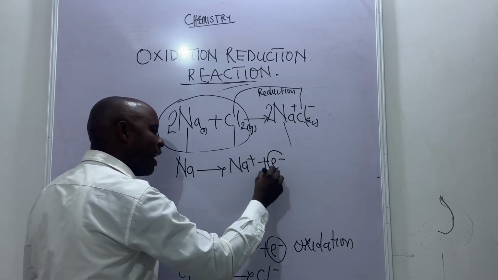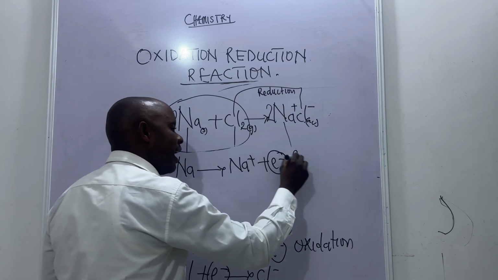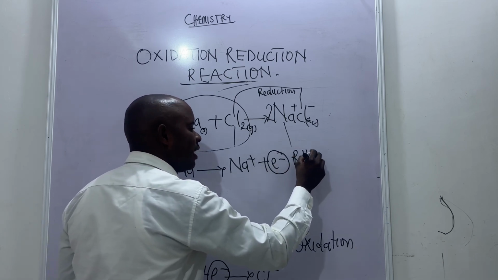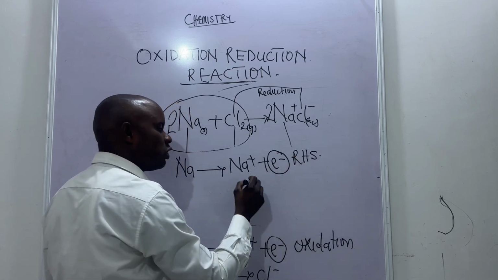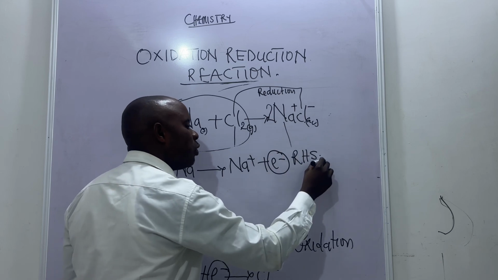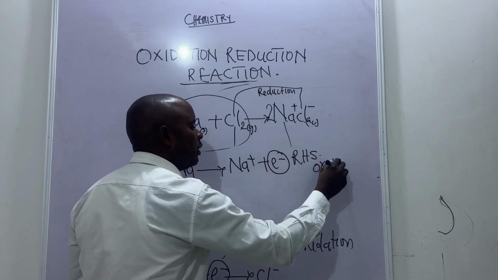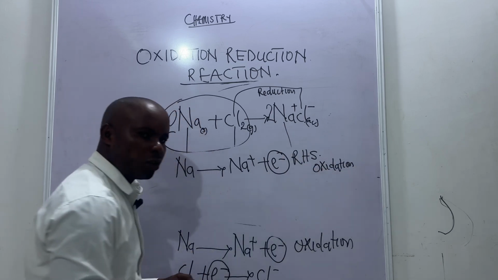If we have this electron at the right-hand side of a given equation, such a reaction undergoes what is known as oxidation reaction. For multiple choice questions for JAMB students.